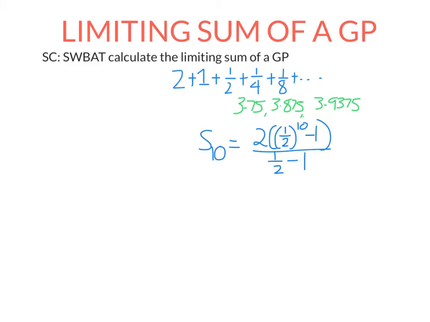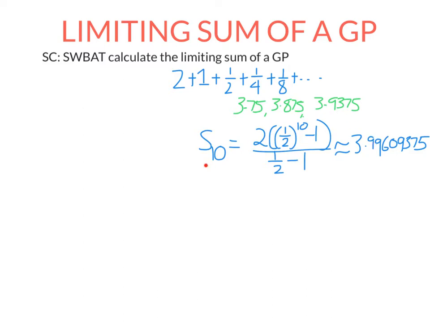Putting this on my calculator, I actually get 3.9960935. Really long decimal there. But you can see from the fourth, fifth, and sixth partial sums, the sum of the first 6 terms was this. I really haven't added much to get to the 10th term.